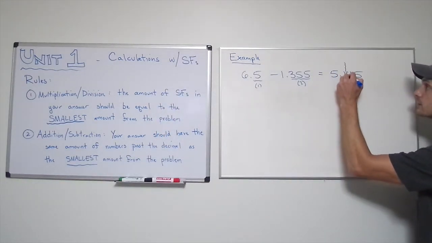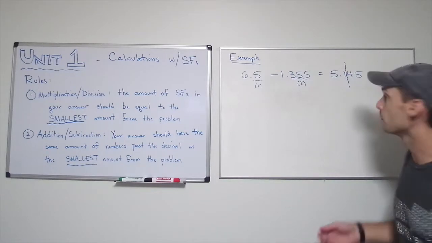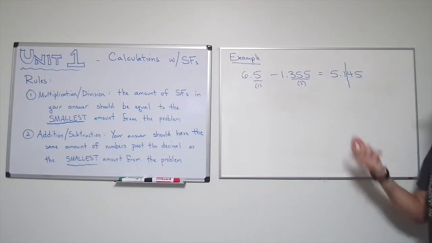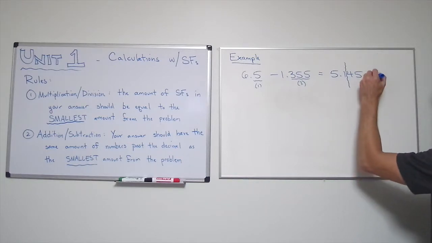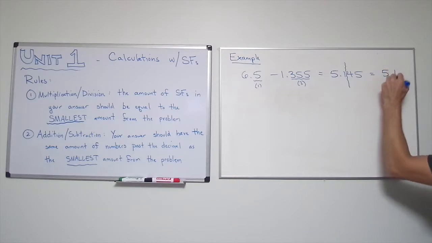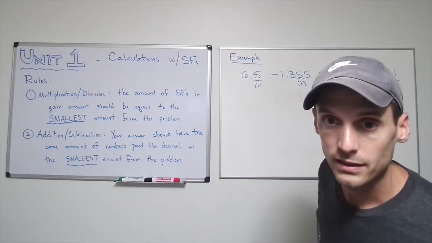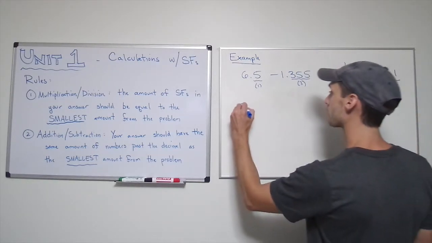So that just tells you where to cut it off. You still have to round just like normal, but it's just going to tell you where to cut that number off to round. That 4 will keep the 1 a 1, and so your actual answer with sig figs is simply 5.1.